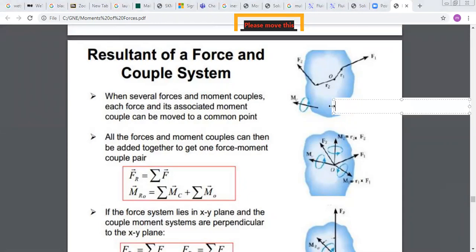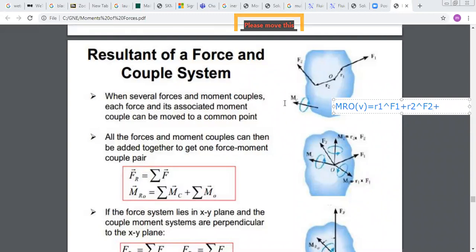So here, if I want to find a resultant moment about O, which is of course a vector, for F1 it's R1 cross F1. This is the moment of F1 about O. For F2, I should take R2 cross F2, so plus R2 cross F2, and plus what?